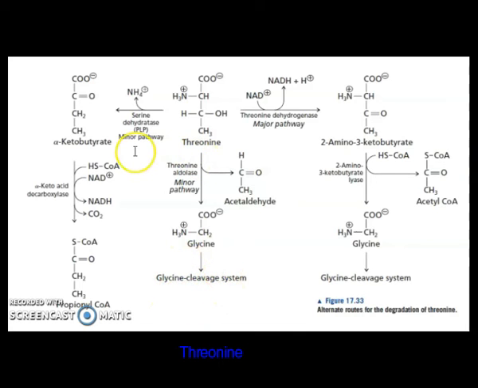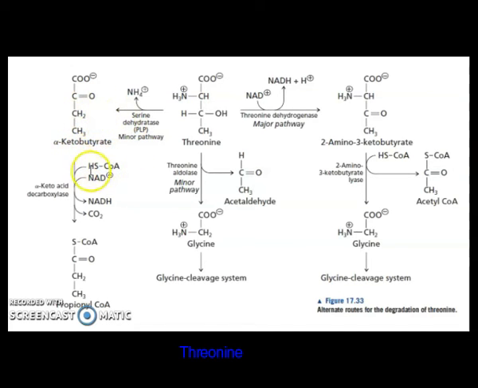The third pathway for threonine metabolism is deamination to alpha-ketobutyrate. This reaction is catalyzed by serine dehydratase and will produce alpha-ketobutyrate, also used for synthesis of isoleucine in most species.